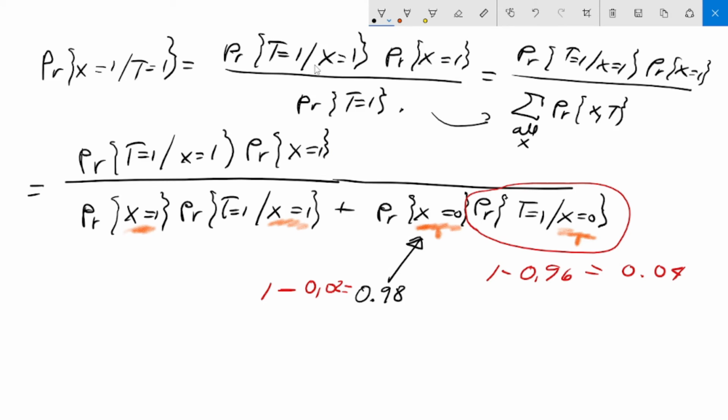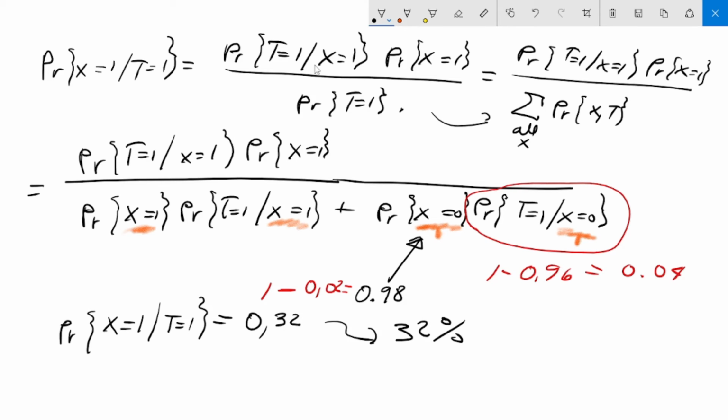The probability of having corona given that the test was positive is approximately 0.32, which means we have a 32% probability of having corona, given that our prior probability of having corona is 2%.